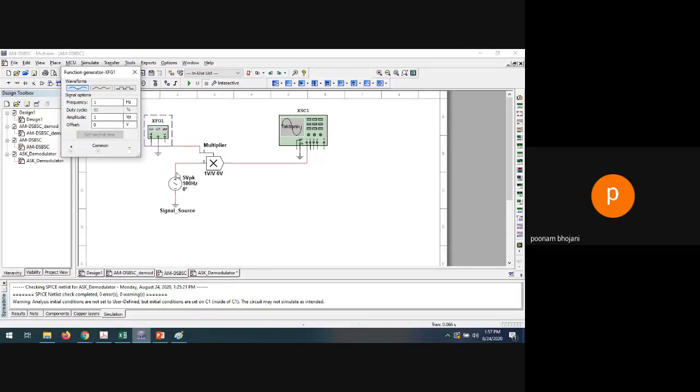If I give both inputs to the multiplier, then the multiplier will multiply both signals. One is a 1 Hz, 1 volt sine wave, that is sin omega t, and the second signal is 5 sin omega t, but in both cases omega is different. Here the frequency is 1 Hz, here it is 100 Hz. Now let us see the multiplier output, how the multiplier will give you the amplitude modulated signal.